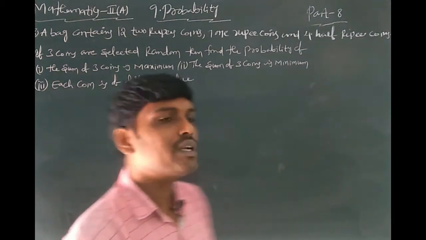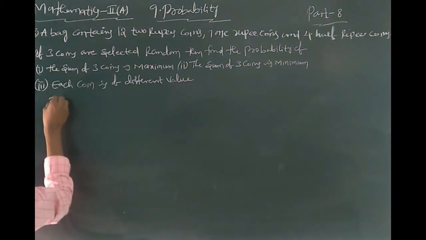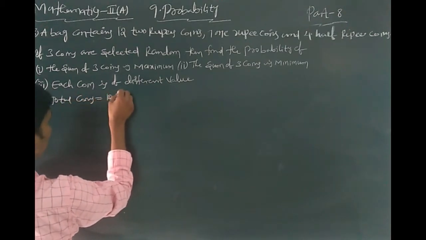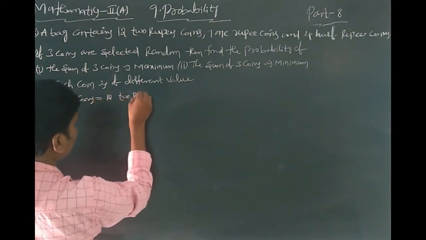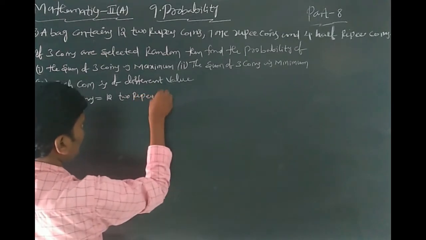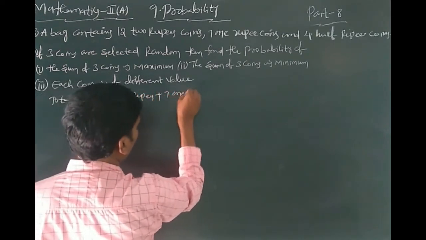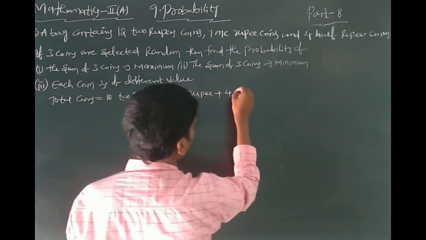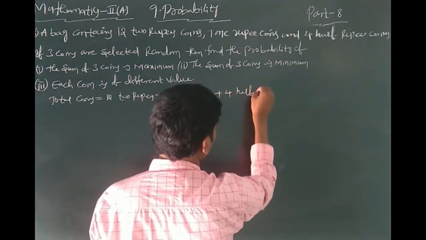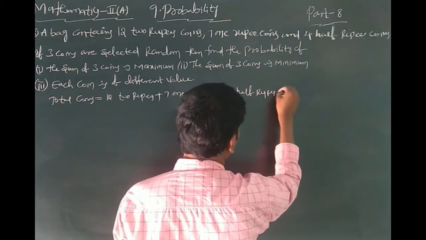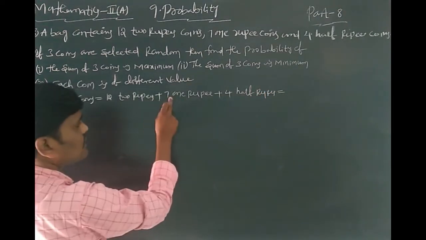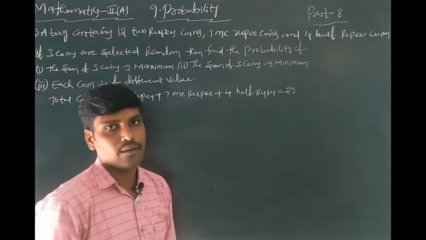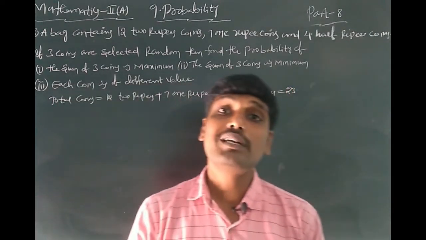First of all, total coins equal to 12 2-rupee coins plus 7 1-rupee coins plus 4 half-rupee coins. Total: 12 plus 7 is 19, 19 plus 4 is 23 coins in the bag. The bag has 23 coins.